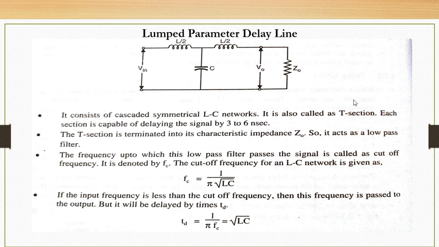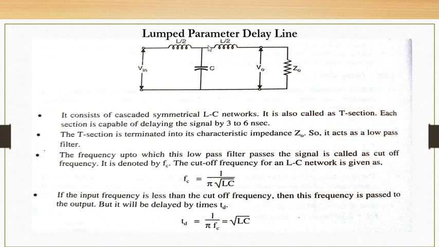Now here it is written that each section is capable of delaying the signal by 3 to 6 nanoseconds. Now I think you may have a question like this: we require some 200 nanosecond delay, and this is giving you a 3 to 6 nanosecond delay. Yes, of course it is giving you a 3 to 6 nanosecond delay, but what we can do is add a number of T sections so that the signal can be delayed more.